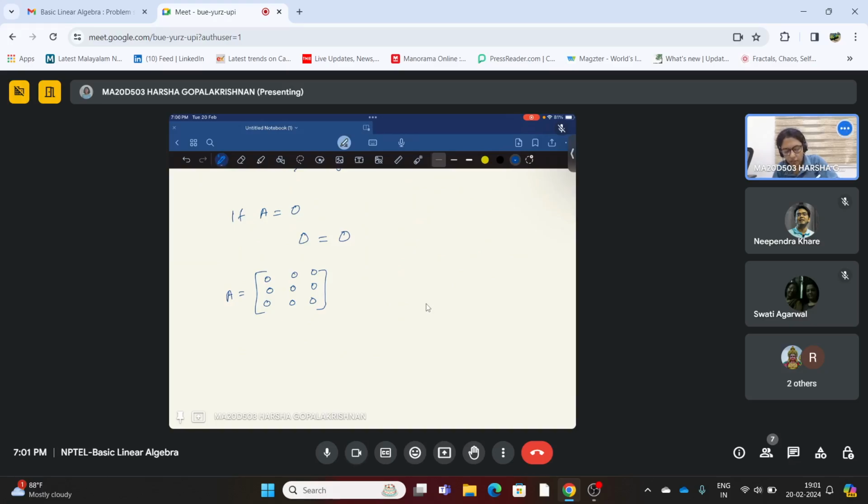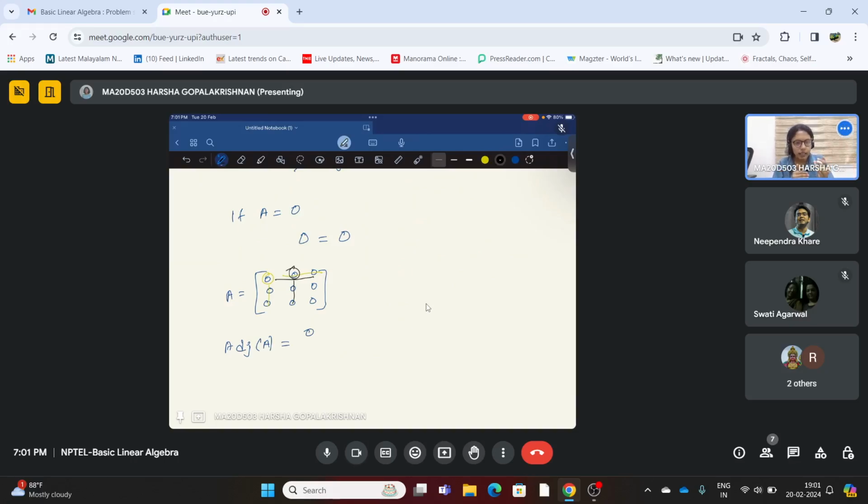For example, corresponding to this 0, we remove this row and column, and what we get is 0 into 0. So corresponding to the first element a11, we get only 0. Corresponding to the second 0 also, we remove this row and column, and the remaining is again 0. We have to multiply with minus 1 power i plus j, but we don't need to consider that because it is 0.